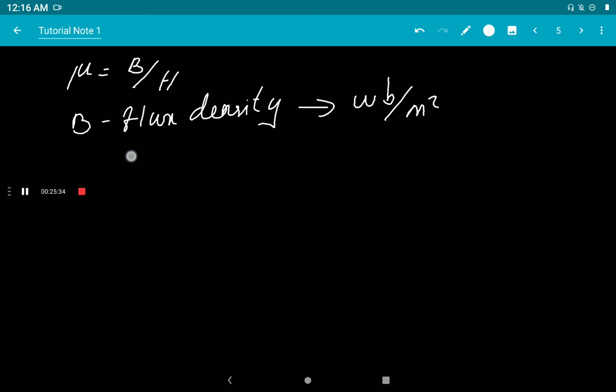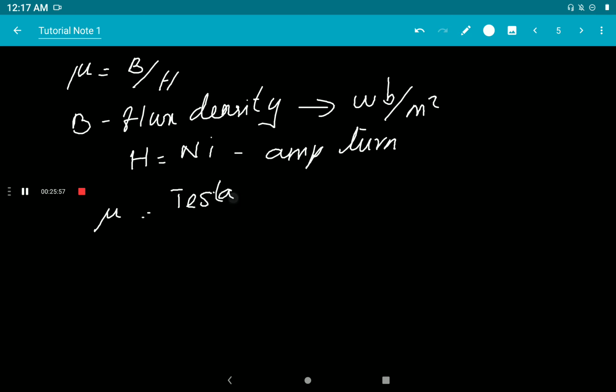Then H is equal to N I, in ampere turn. Actually, turn is a dimensionless quantity. So mu is B by H, which is Weber per meter square, also called Tesla, divided by ampere per meter.